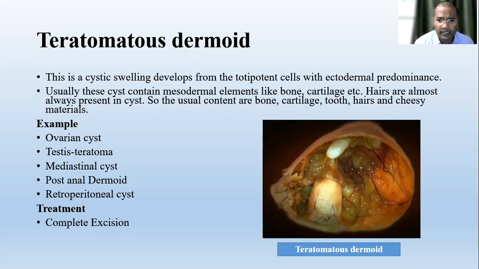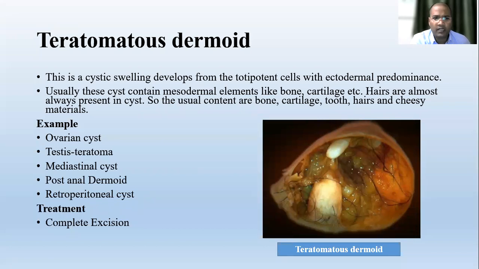So that is called totipotent cells. So the cyst, when developed, contains material usually of mesodermal origin: bone, cartilage, tooth, hairs, and other cheesy materials.